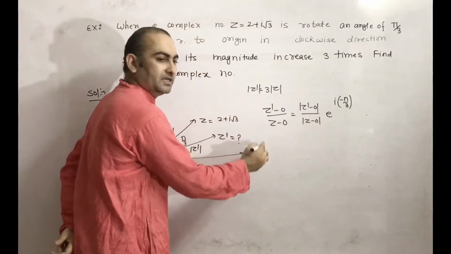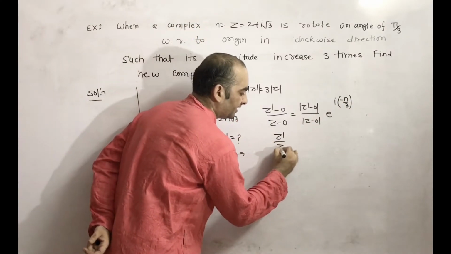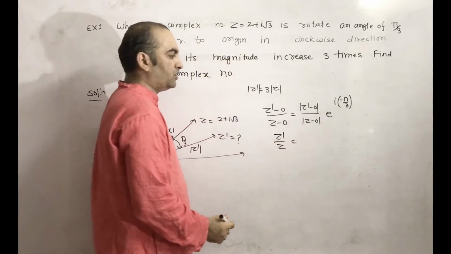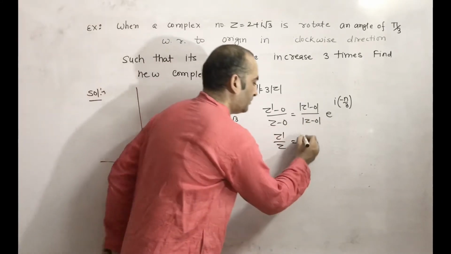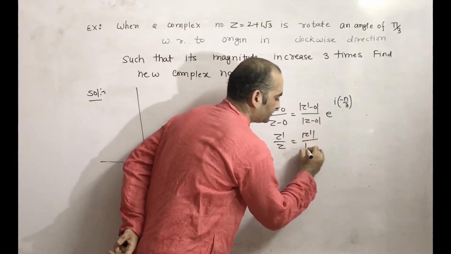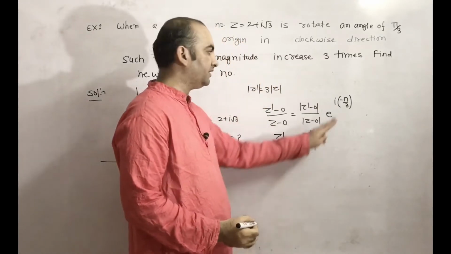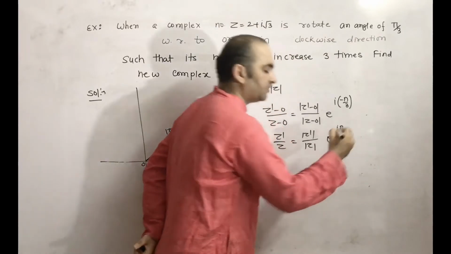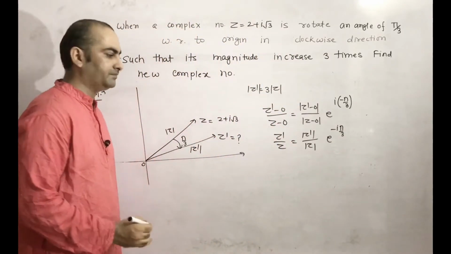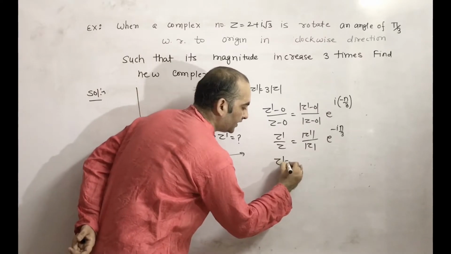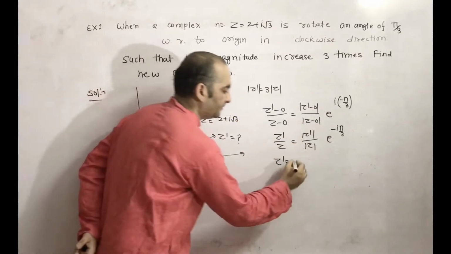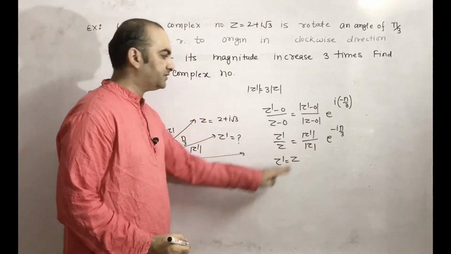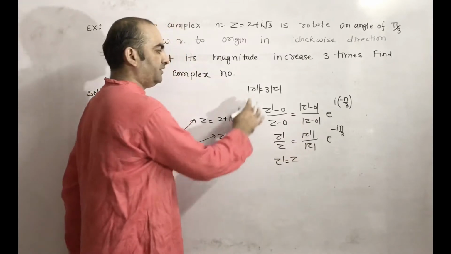So z dash divided by z equals modulus of z dash divided by modulus of z into e power minus iota pi by 3. Okay, so from here we can take z to this side.